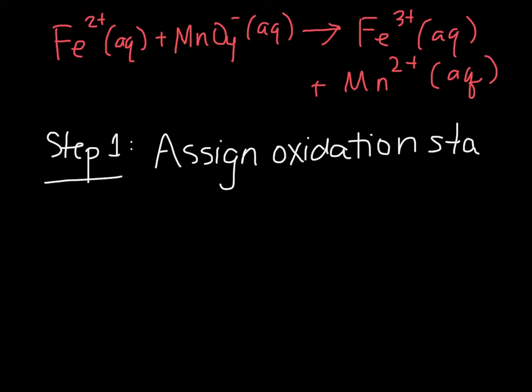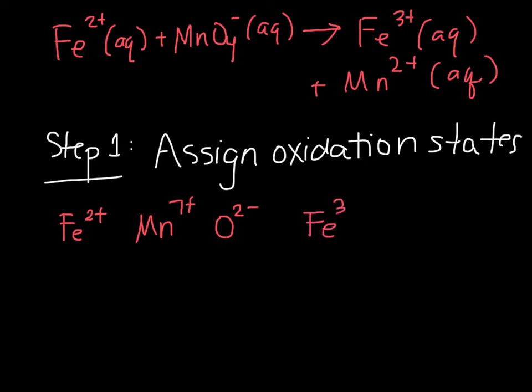And this is something from chemistry. So in the example that we have, going along from left to right, I have Fe2+, I have Mn7+, I have O2-, and then on the other side of the equation I have Fe3+ and I have Mn2+.